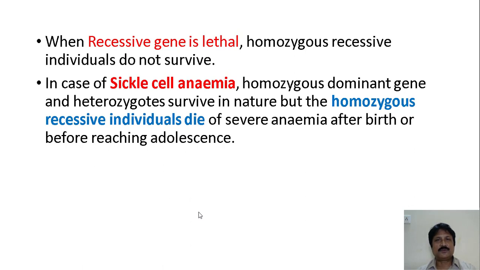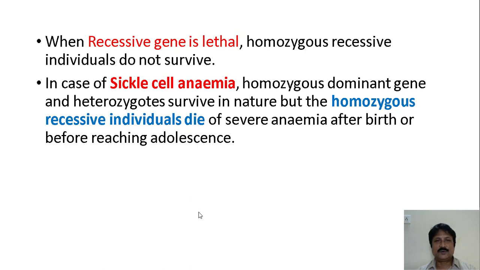Recessive gene, of course, should be in homozygous condition. That means here the homozygous recessive individual will not survive. A common example is sickle cell anemia. Sickle cell anemia has two forms, normal and sickle cell. Here, the homozygous dominant and the heterozygous individuals both survive in nature.